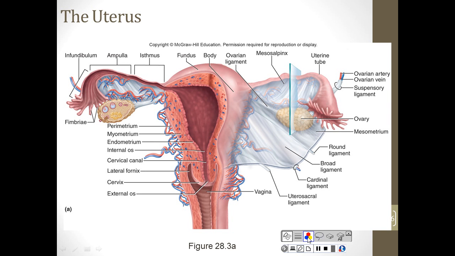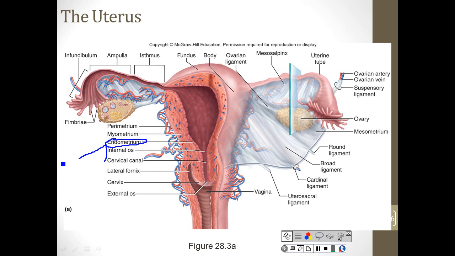Let's do blue. So, when we look at the endometrium, it has basically two layers.